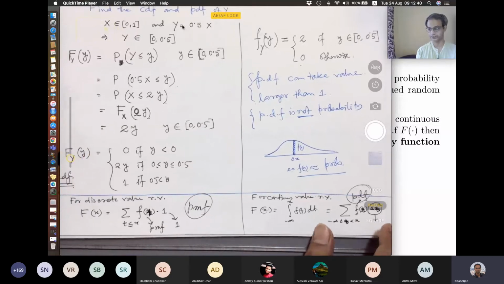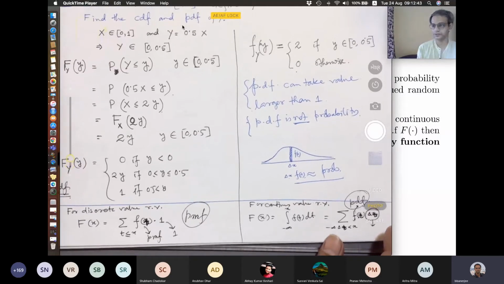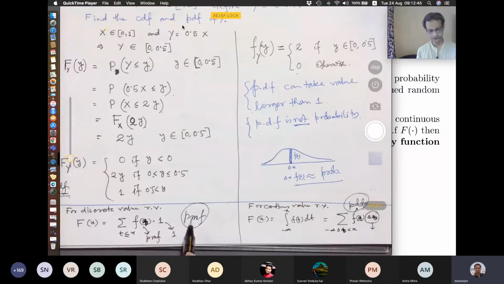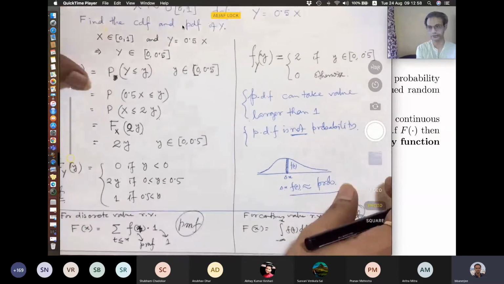That is the basic thing, don't get confused. PMF is probability, total sum is 1. PDF is not probability, but the integration should be 1. That's it. Before we move forward, any query?